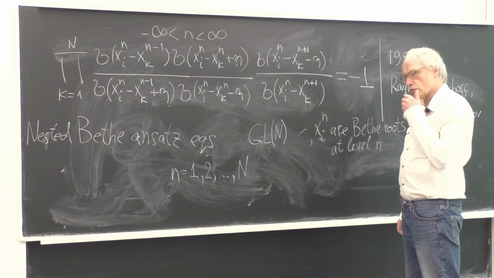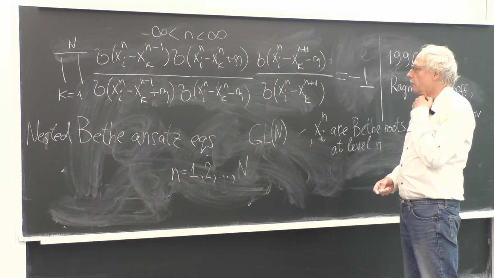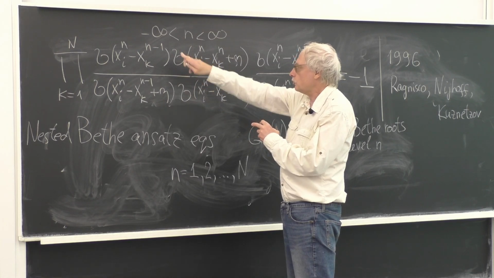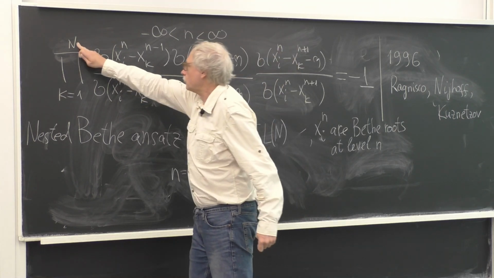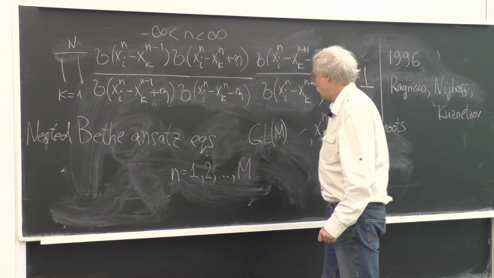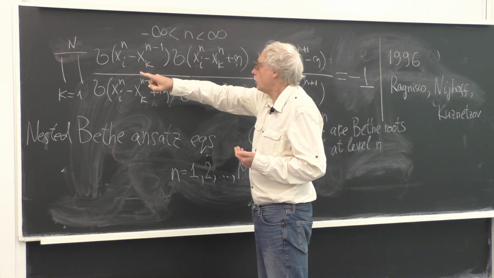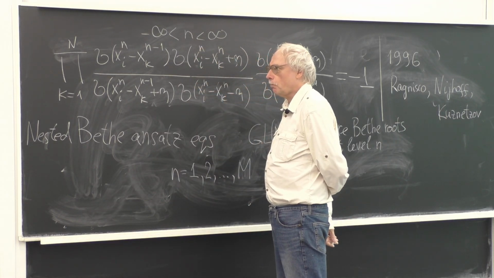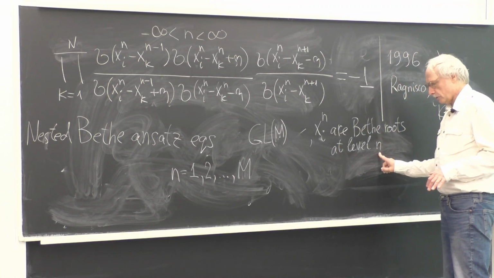The second difference is probably even more important, because here the number of xi's is the same at each step of time. Excuse me, this n is not this, let me call it N. At each step of time, the number of roots is equal to N. But in Bethe-Ansatz, the number of Bethe roots is different at each level.